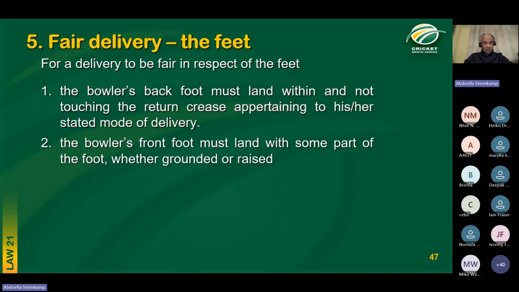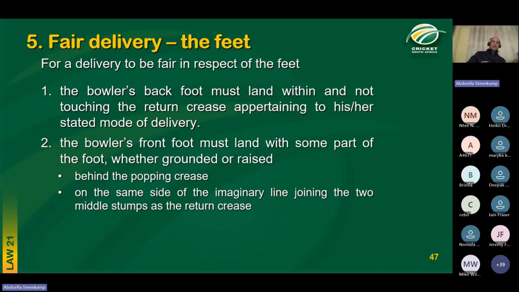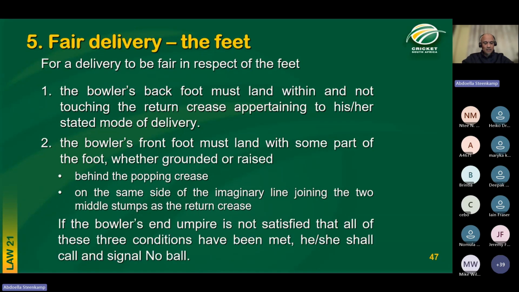When it comes to the front foot, some part of the foot, whether grounded or raised, must land behind the popping crease or on the same side of the imaginary line joining the 2 middle stumps. If that is not the case, the umpire needs to call and signal no ball.